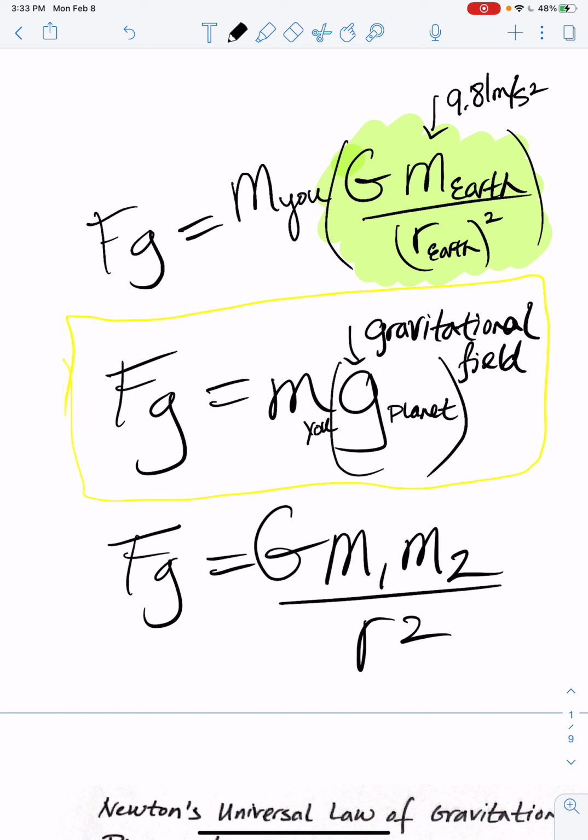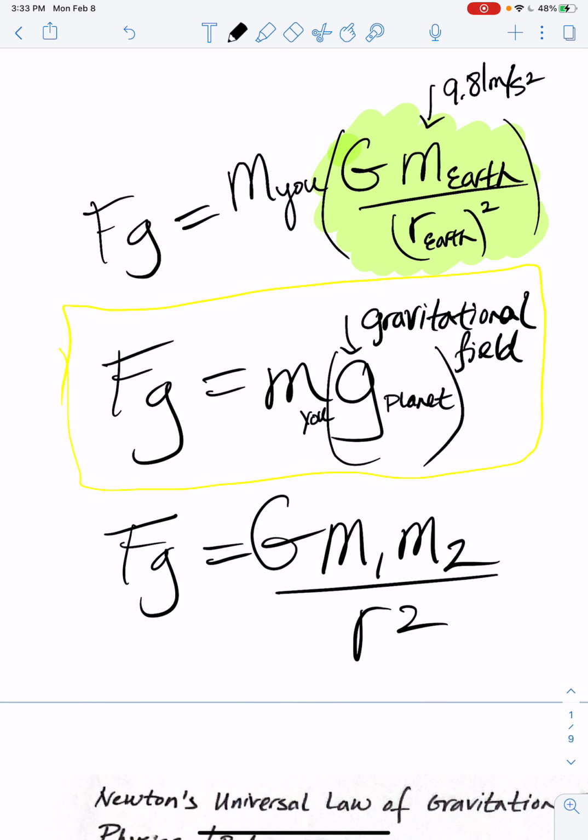So just peeling away this formula a little bit to see why 9.81 is the number we use. But if it's any planet, then if I wrote this more universally, the number wouldn't have to be 9.81. What am I trying to say?